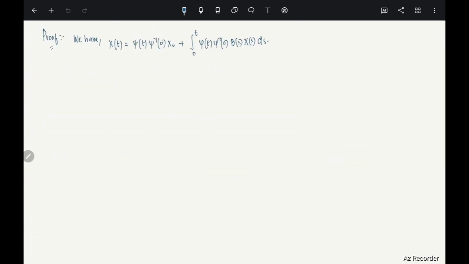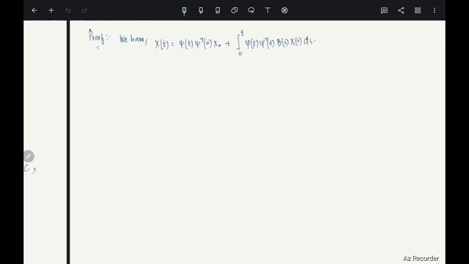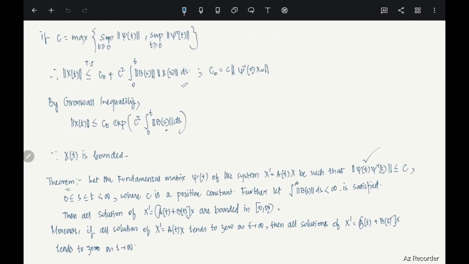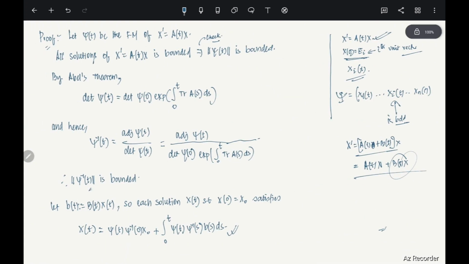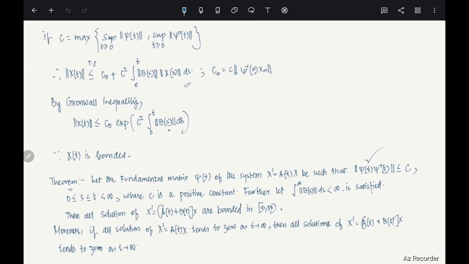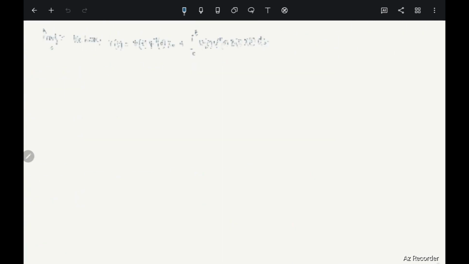Now, in the earlier proof, what we did is we did it independently. We proved that the norm of psi inverse(t) and the norm of psi(t) are bounded. Then you take the maximum of those two and dominate it. Here we are doing it a little bit differently.